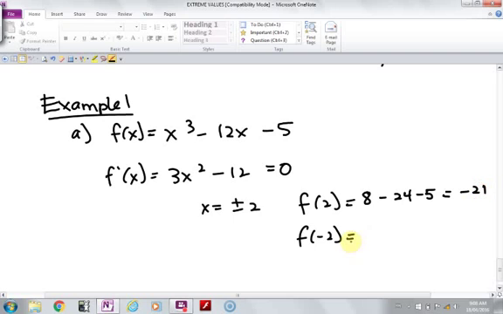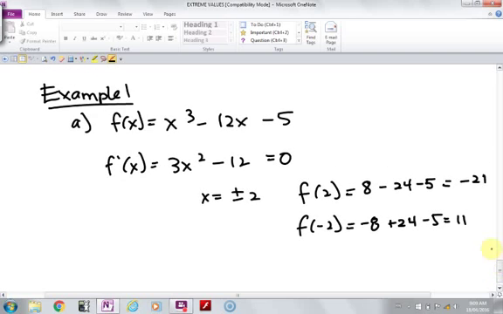And when we plug negative 2 in here, we get negative 8 plus 24 minus 5, which is 11. Okay? Everybody okay with that? So did you get the points 2, negative 21, and negative 2, 11. Okay.